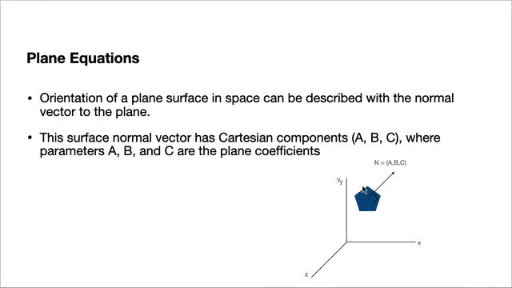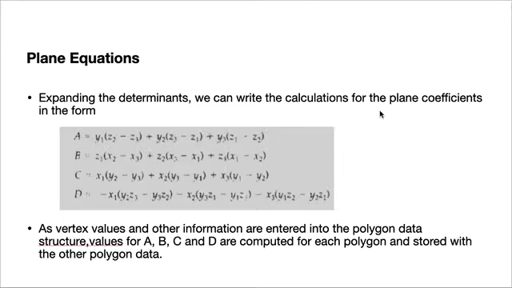Okay, so here if you see this image, you can understand: here is an object and this object has a normal vector n which is perpendicular to this surface, and this n is equal to (A, B, C). So, the surface normal vector has the Cartesian components A, B, C. These A, B, C are the plane coefficients that we have found here.